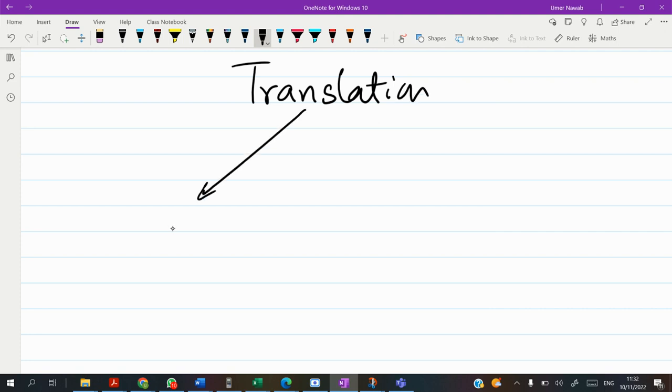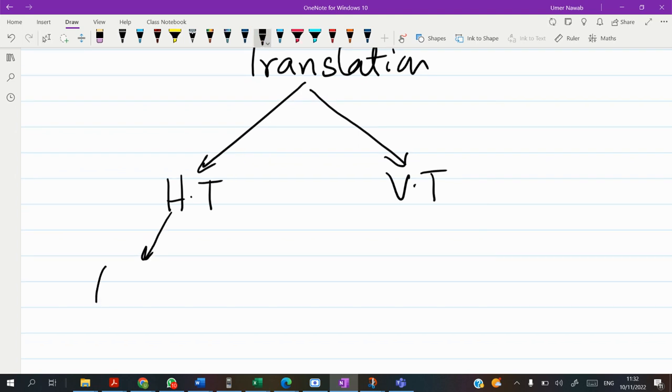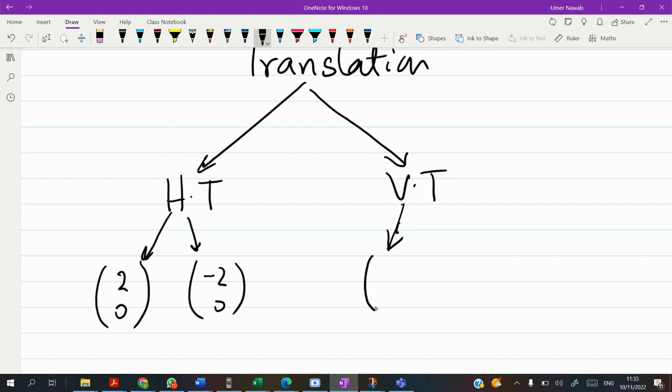There are two types of translation: horizontal translation, where you slide something to the right or to the left, and vertical translation, up or down. Horizontal translation may be (2, 0), suppose, or maybe (minus 2, 0). It tells you 2 right or 2 left. If I do (0, 2), it means 2 up.